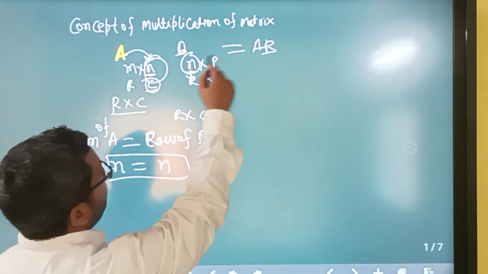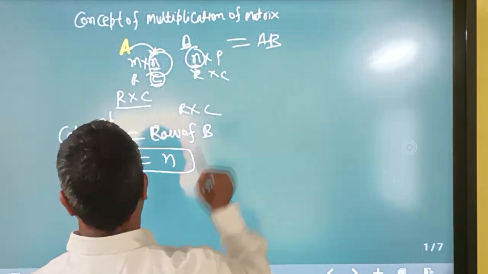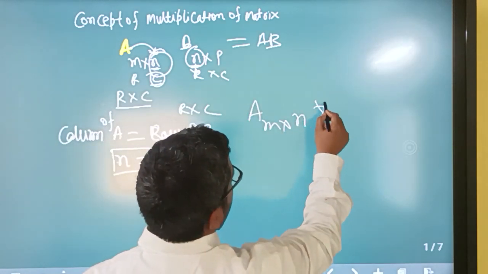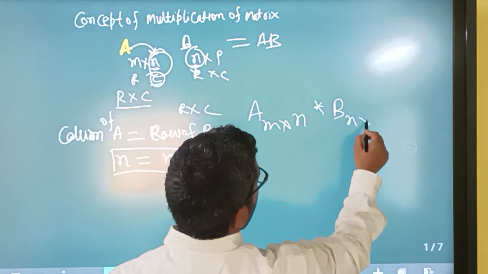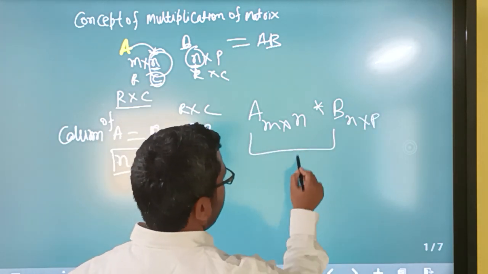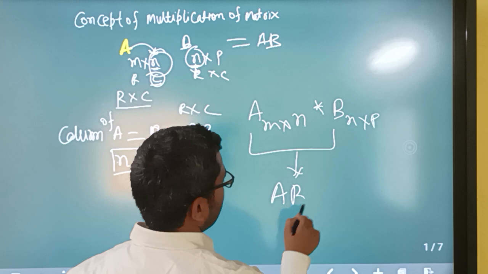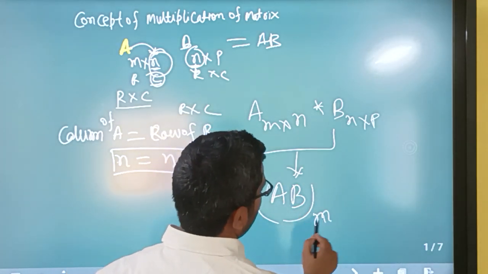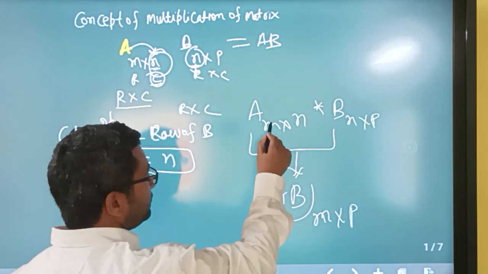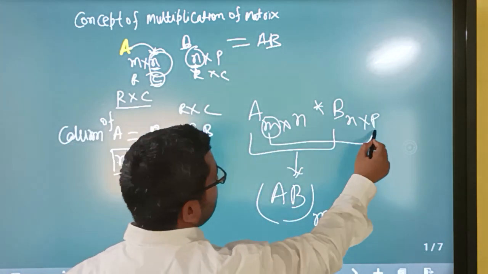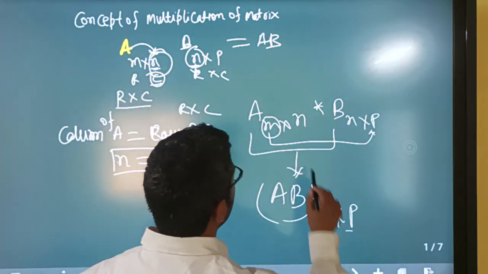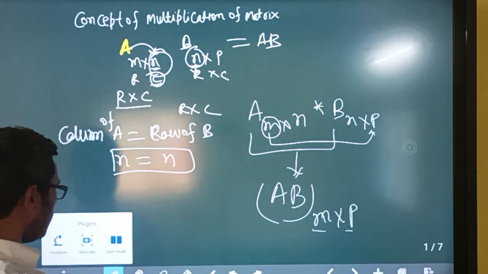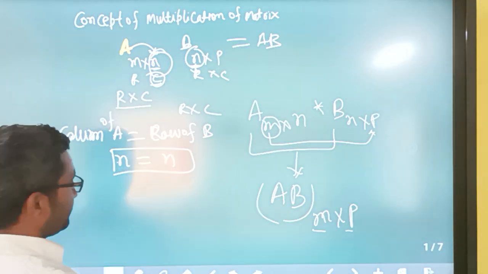We can say A is M cross N and B is N cross P. So the product of these matrices is AB, taking the first matrix's row and the second matrix B's column.